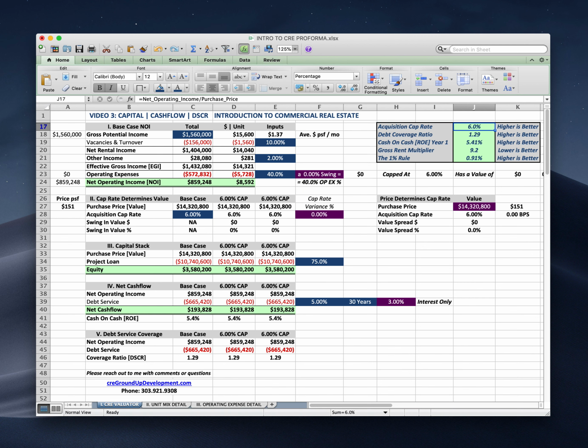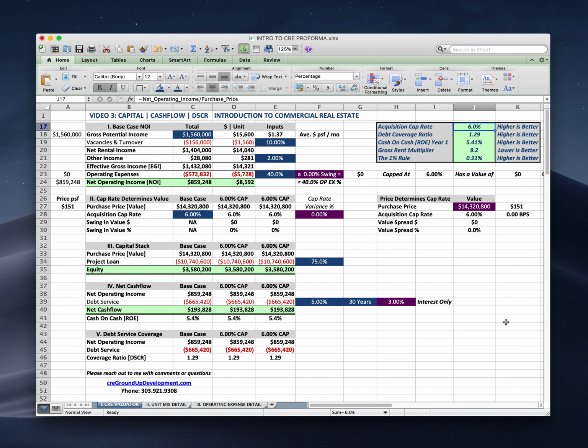If you slide your cursor over any of the factors in this green box, it's not only reporting the performance of the project, like a quick cheat sheet, it also, if you look up here in the formula bar, reminds you of how each of these figures is calculated.